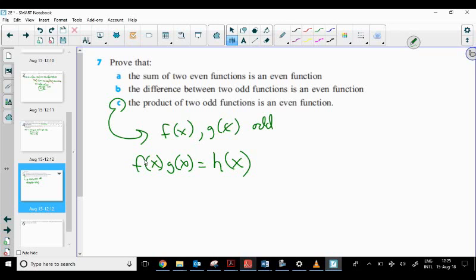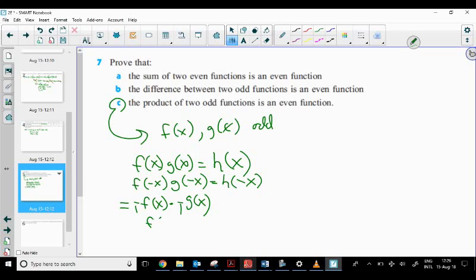Now I know that f of x and g of x are both odd, so that means that f of negative x times g of negative x, which happens to be equal to h of negative x by definition, should be equal to, well, f of negative x is equal to negative f of x. g of negative x is equal to negative g of x. And then this negative times this negative will make a positive, because those are negative 1 times the functions. Those are numbers.